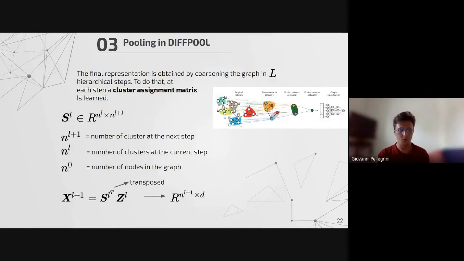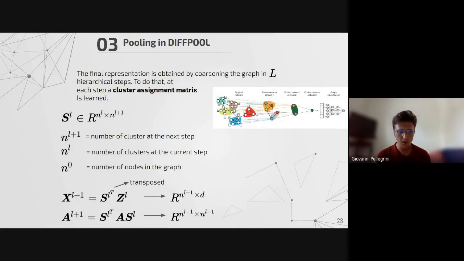How do we do it? Well, basically what we take is a matrix multiplication with both the node features matrix and the adjacency matrix. So we multiply the node features and the adjacency by this cluster assignment matrix, and we're going to end up with a new representation in which, sorry, the length of the embedding is the second dimension, and the first dimension is the number of nodes at that hierarchical step.